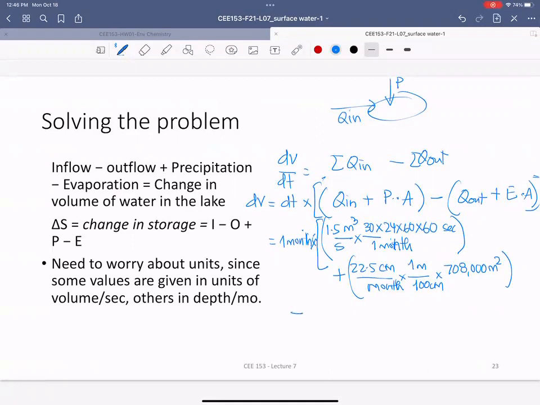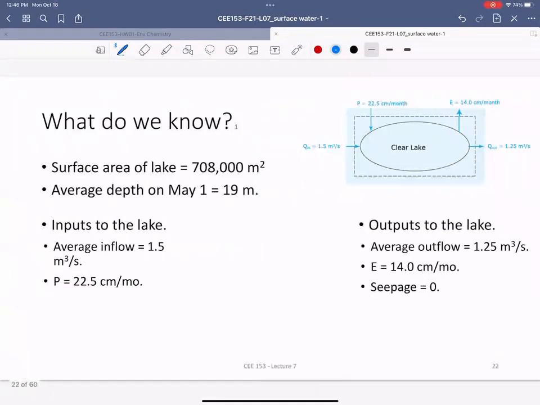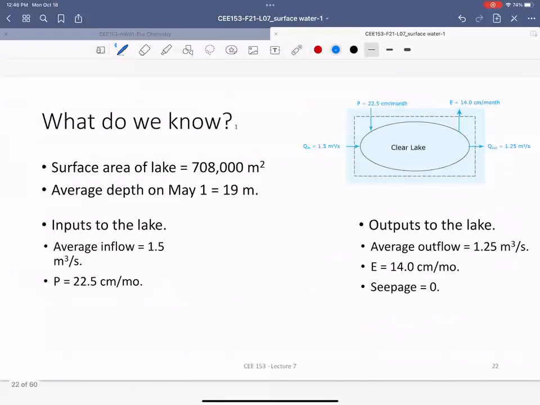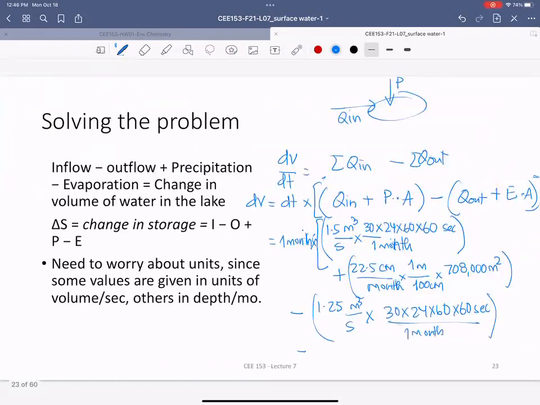Minus the next one is 1.25, again the same way. So we can say 1.25 meter cube per second times, I'm just going to write that same thing, 24, 60 times 60 second. And then minus evaporation is 14 centimeter per month.